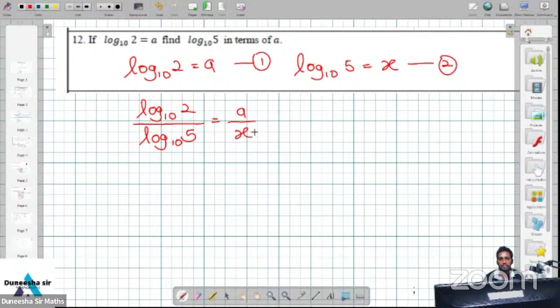Okay, can you do now? Cross multiply කරන්න බලන්නද? You can multiply cross. x log base 10 to equal to a multiply log 10 5.